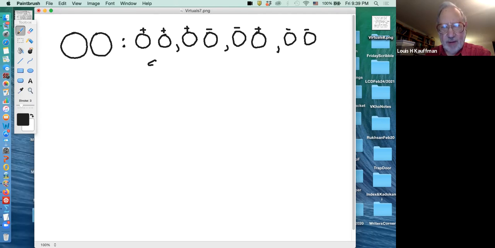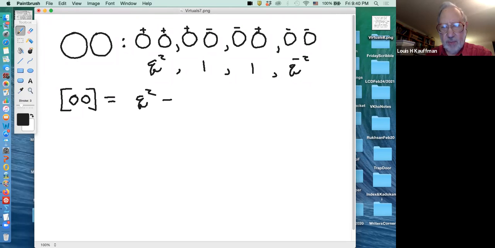And this will be evaluated to Q squared, and this one will be evaluated to 1, Q times Q inverse, and this one Q to the minus 2, so that the value of this is going to be equal to Q squared plus 2 plus Q to the minus 2, which of course is Q plus Q inverse, quantity squared.